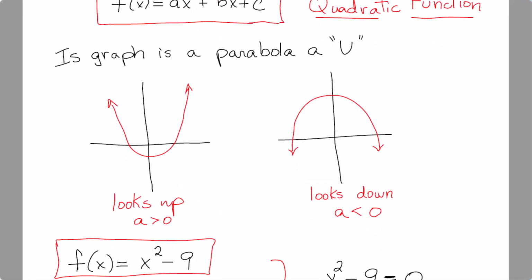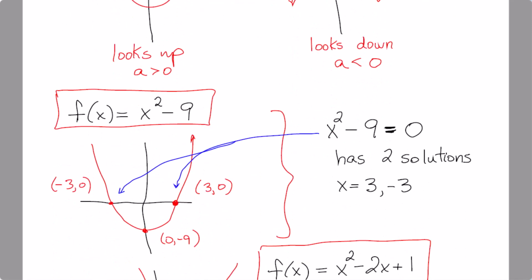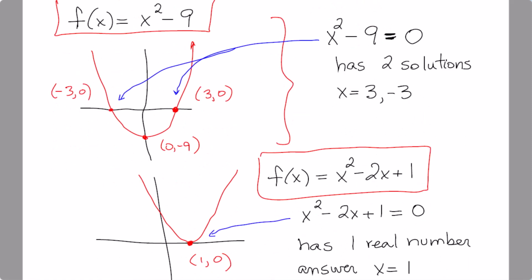Well, you might say, why do we care about that? Well, the reason we care about that is if I graph the quadratic function f of x is x squared minus 9, it's a U-shaped object. The lowest part is here at negative 9.